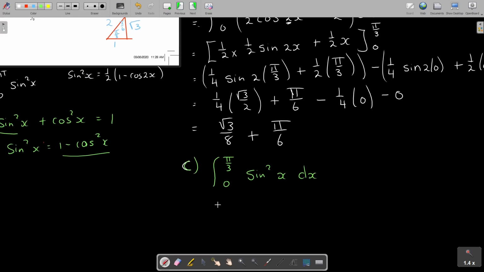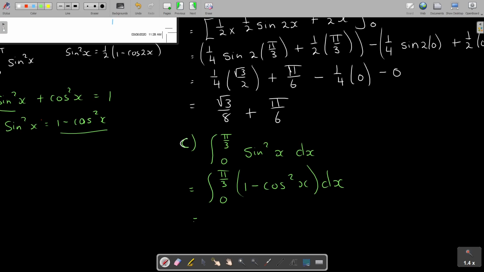But they want you actually to say that, okay, I'm going to use my identity, this. So it's going to be 1 minus cos square x dx. And then I can break it up into the integral from 0 to pi over 3 of 1, minus the integral from 0 to pi over 3 of cos square x. Sorry, my 1 is not looking nice.